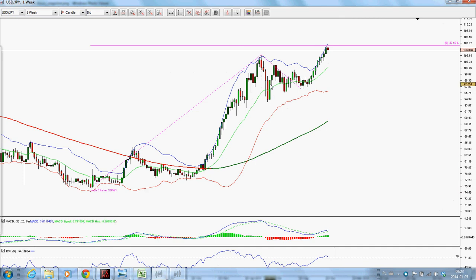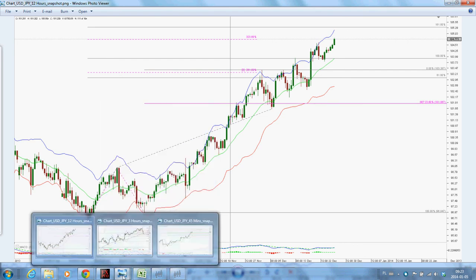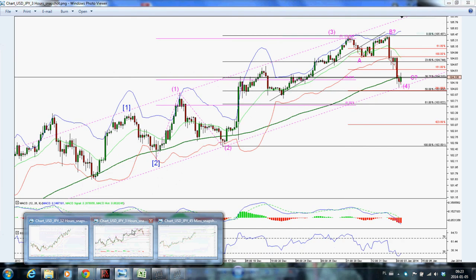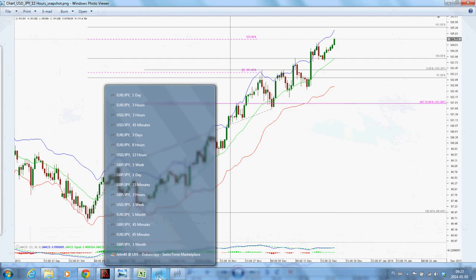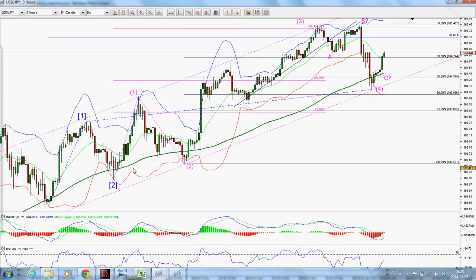Let's go once more to the weekly chart. There was a fourth wave and a fifth wave development, and this fifth wave development is shown here. I have it on this 3 hours chart. So this is the final fifth on the 3 hours chart.